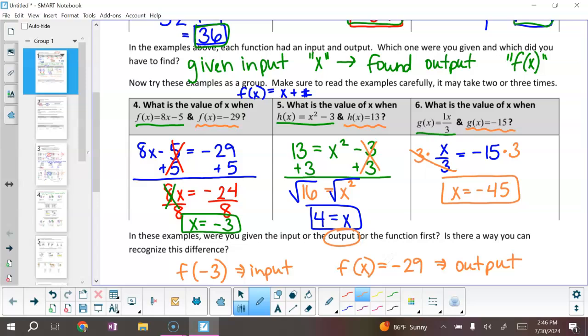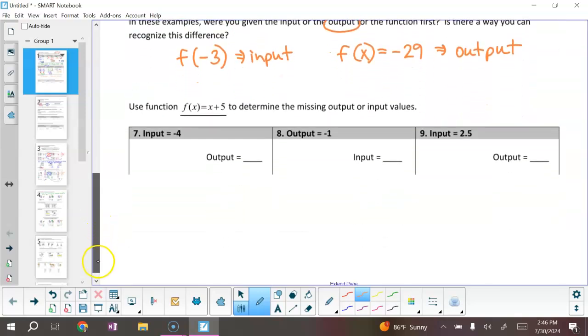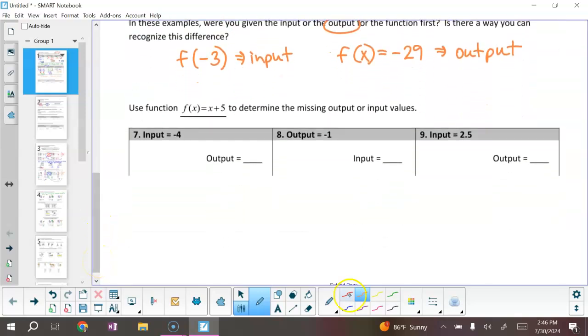Okay? All right, so on the bottom of your page, it says right here, use this function, f of x equals x plus 5. So that's the equation we're working with, okay? To determine either the missing output or the missing input. So they're going to give you either an input or an output. You have to decide where that number goes.